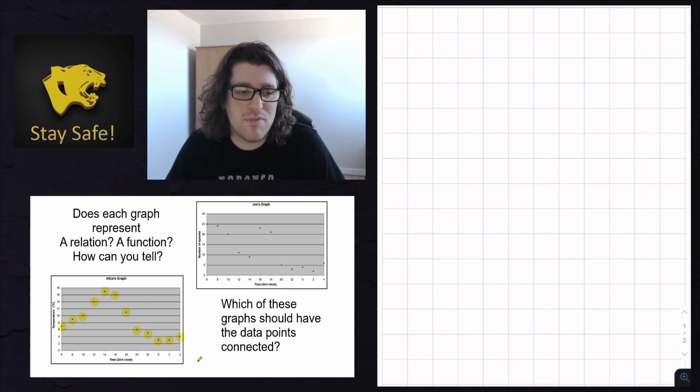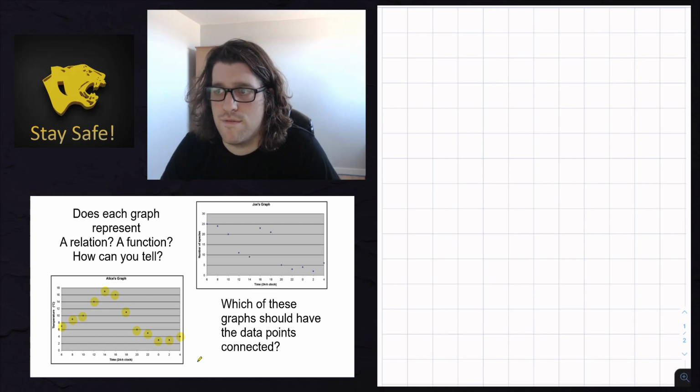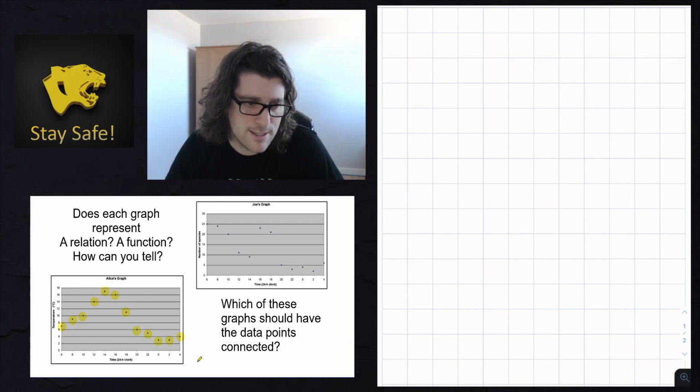Because of that, we have two values that correspond to each dot on the graph, so each dot represents an ordered pair. One of the values corresponds to one axis and the other value corresponds to the other axis.